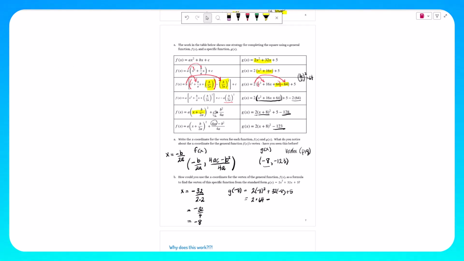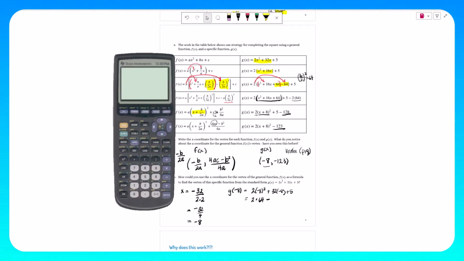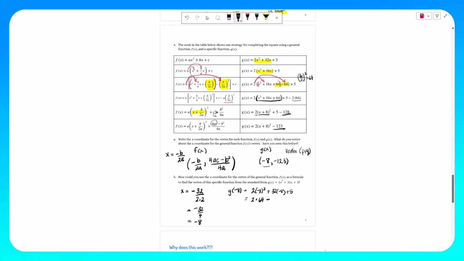Let's pull out the calculator. 32 times -8 is -256, plus 5.